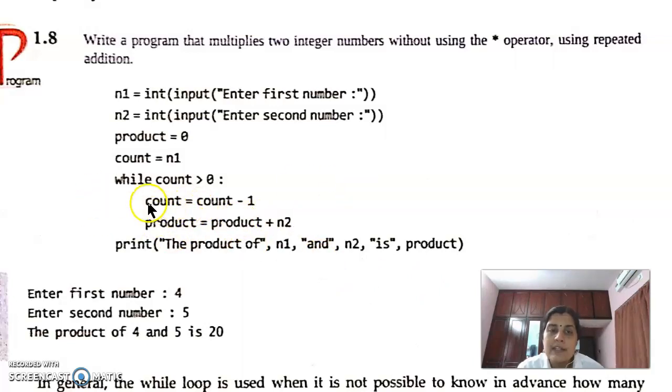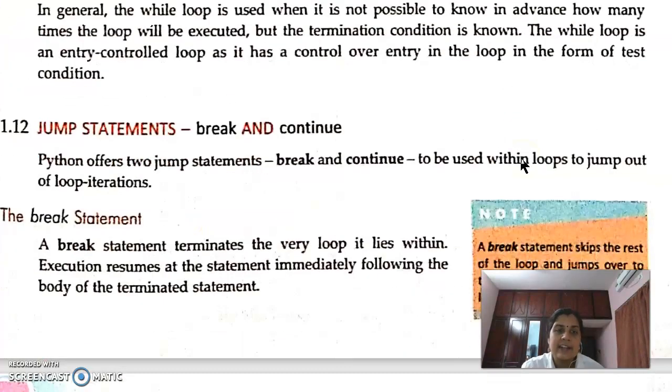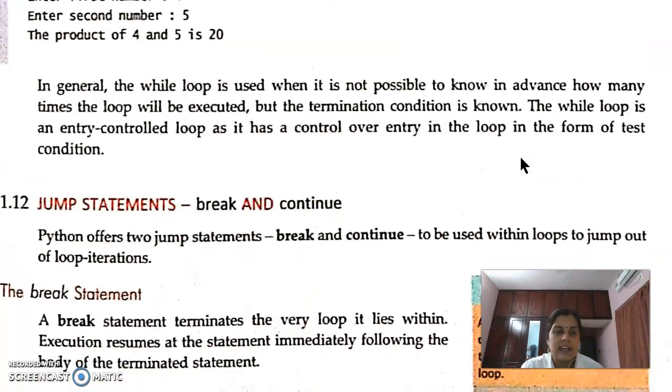This decrement operation is performed inside the loop. If we are using for loop, we can use for i in range 0, 8, minus 1 like that. But here we have to specify the increment or decrement operation inside the while loop. So this is an example for while statement.